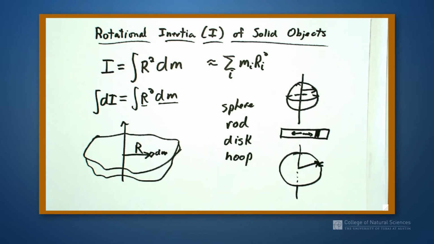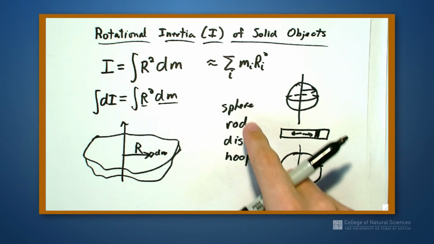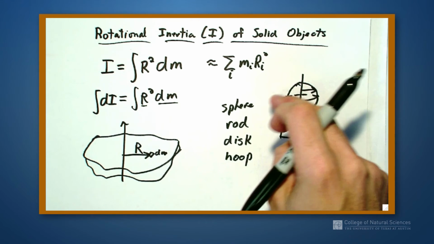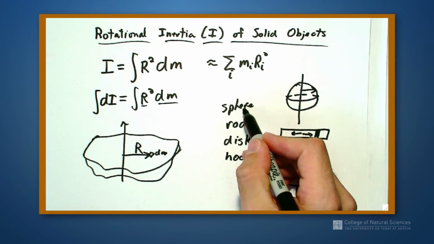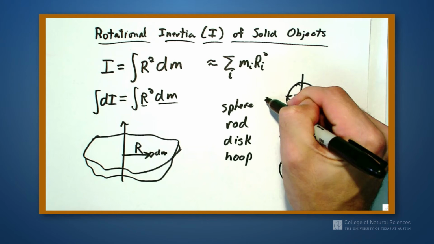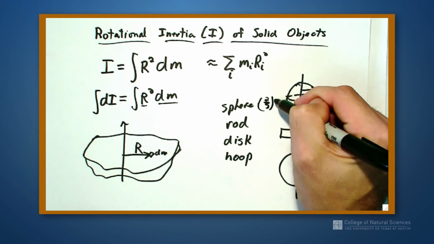So this is the full form of the rotational, or moment of inertia, for solid or continuous objects. When we actually solve these shapes using this equation, we will find where these coefficients come from, like the 2/5 mr squared.